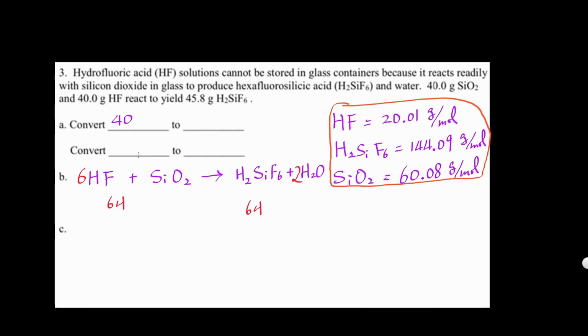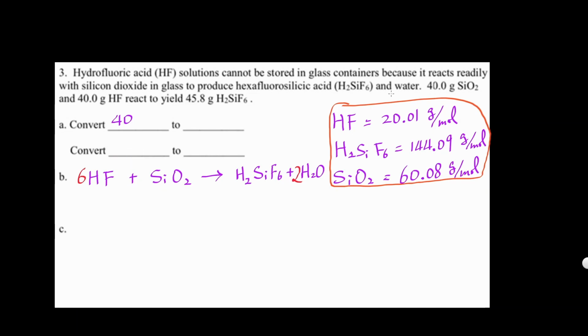You have to make sure, on a test or quiz, that if you get this one wrong, you're going to get everything wrong. Hold on, let me double check. 6 H's, yup. 6 F's, yup. Si, 1, yup. 2 O's, 2 O's. Yeah, that should do it.